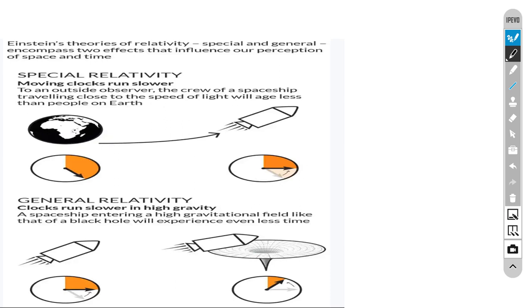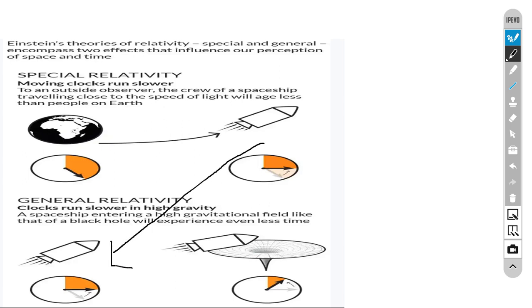Clock runs slower in high gravity. The spaceship entering a high gravity field like that of the black hole will experience even less time. You see a spaceship. At this point, look at this ship here.